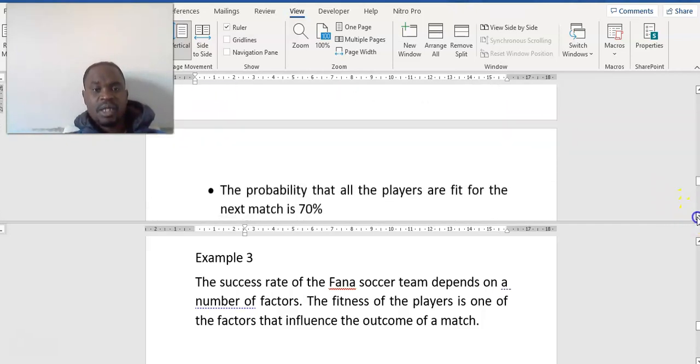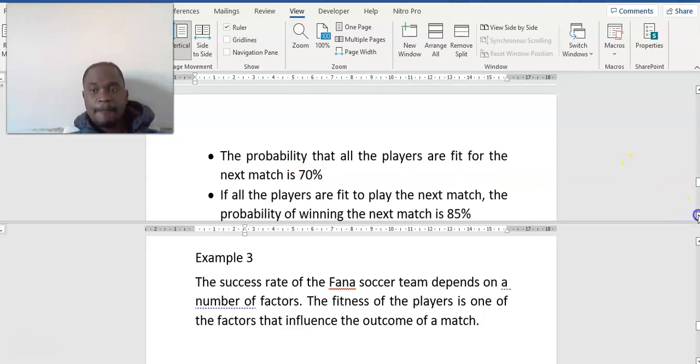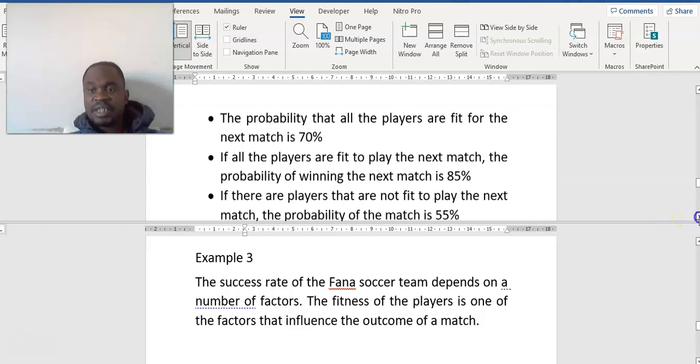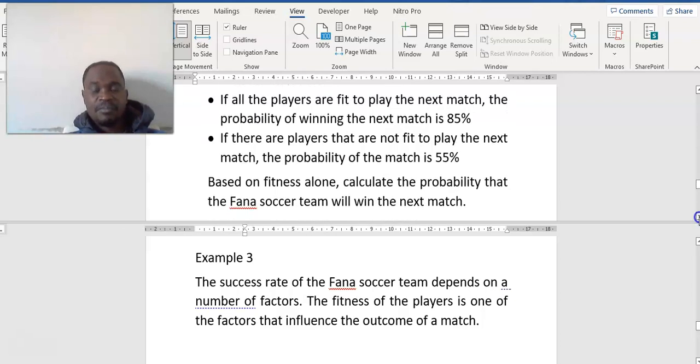Now, the probability that all the players are fit for the next match is 70%. If all the players are fit to play the next match, the probability of winning the next match is 85%. If all the players are not fit to play the next match, the probability of winning the match is 55%.